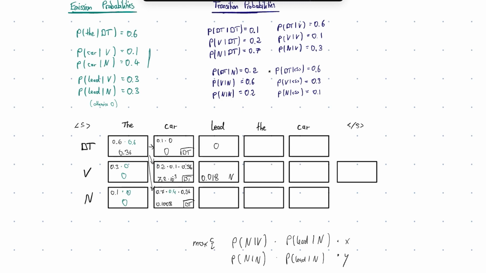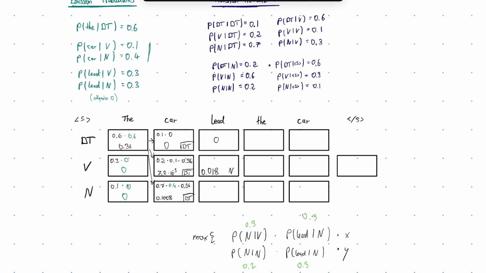Noun given verb is 0.3, noun given noun is 0.2, and the lead noun is of course the same again for both, 0.3 and 0.3. Here, the probability that we come from the verb state is 7.2, and from the noun state 0.1008.